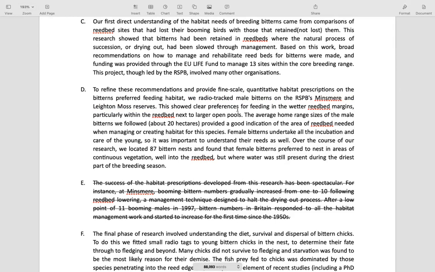This showed where they were feeding. Better is again not dried out, right? In the last paragraph also we found out research showed that they prefer places where drying out is slowed. Here also it's showing the same thing. They prefer feeding where it is wet. Wet means water. Is it clear? Okay. Continue.